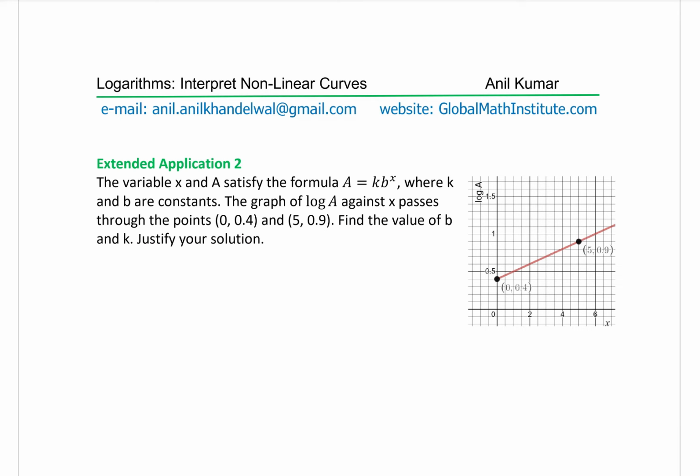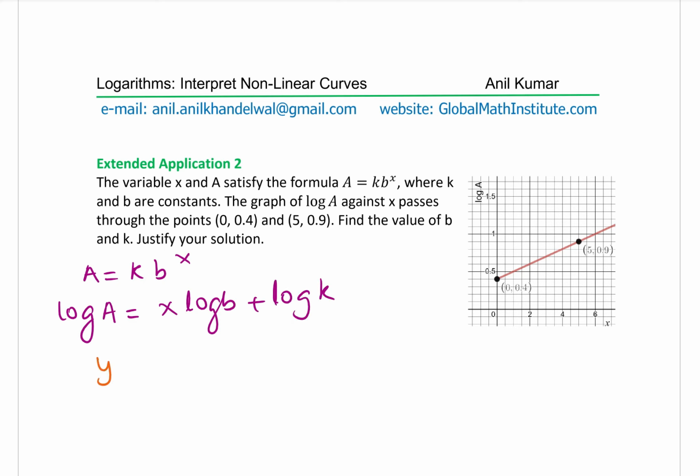So once again, we just figured out that a equals k b to the power of x, and we saw that log of a is equal to x log of b plus log of k. So we said y equals mx plus c, where c is the y-intercept, and we are now saying that the slope or the gradient m is log b. Log b is m.